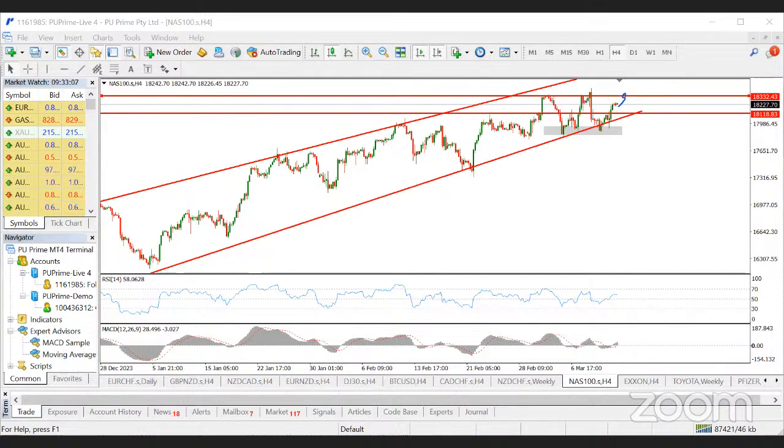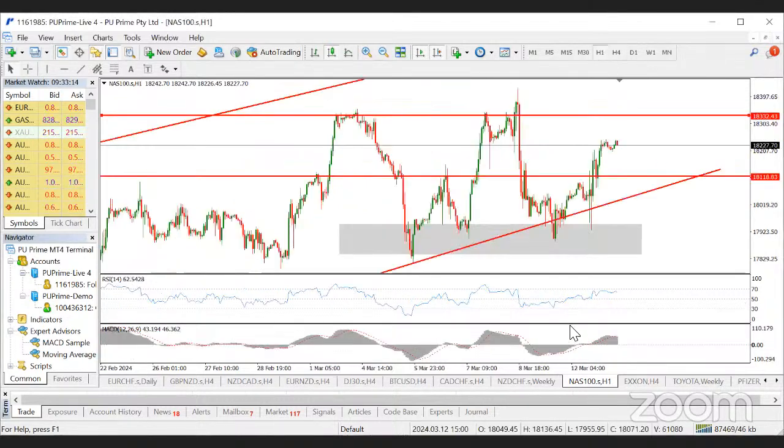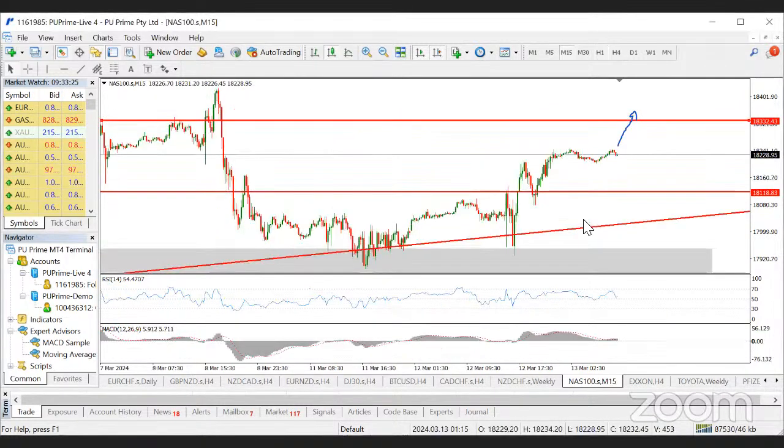Wait for price to hit that level, then we can come down to a 1 hour time frame after that. This is where we are now. So this is what I'm saying: wait for price to go up and hit this level. We can still take it further by going to 15 minutes. Let's see what's happening on 15 minutes. Still the same thing, still wait.